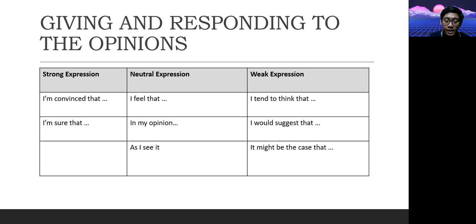For weak expressions: I tend to think that, I would suggest that, and it might be the case that. These are the expressions for giving opinions using strong, neutral, and weak expressions.